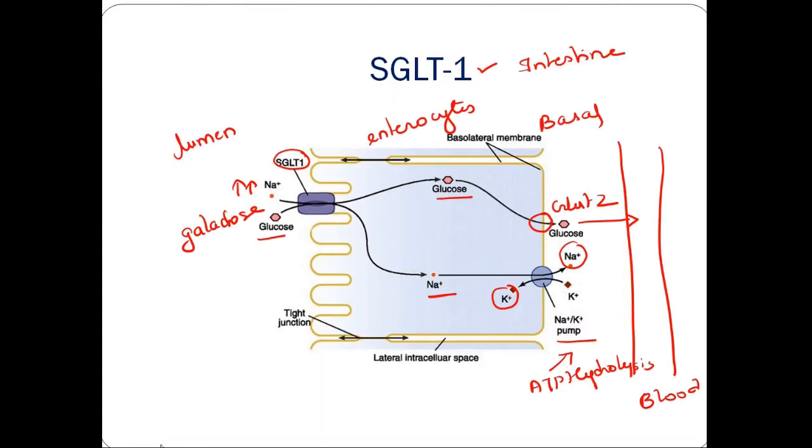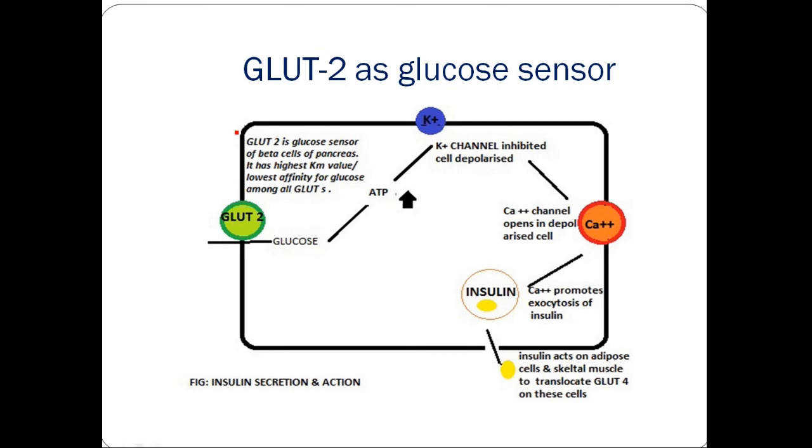Please see the diagram. So this is GLUT2 which acts as a glucose sensor in the beta cells of pancreas. This is the beta cells of pancreas. When glucose is present in high concentration in blood, this GLUT2 will transport glucose into the beta cells of pancreas, and glucose will undergo glycolysis.